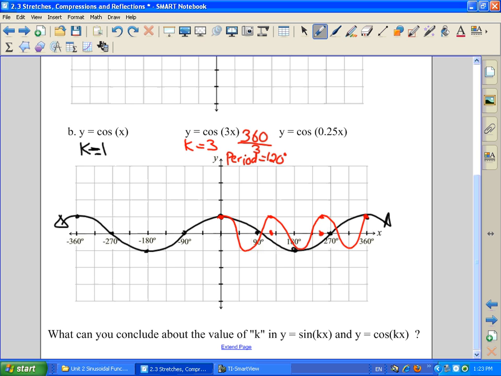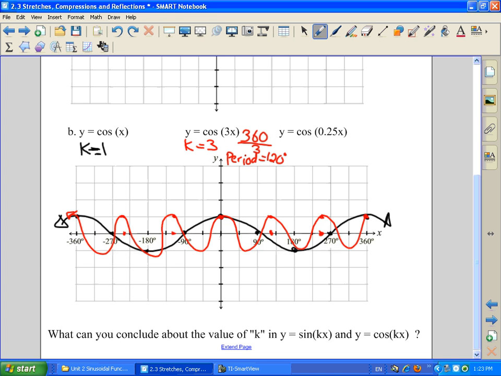Okay? Do the same on the other side. So we need roughly negative 120, negative 240. So that's where our maximums need to be. So we're going to swoop down, come back up, swoop down, come back up, swoop down, come back up.